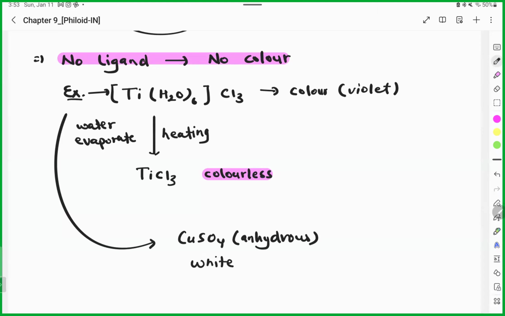But if you add water to copper sulfate, it will become blue color. What is the reason for colorless white to blue color? Because these H2O molecules will act as ligands. It means ligands are extremely important to decide the color of the compound. Understood?